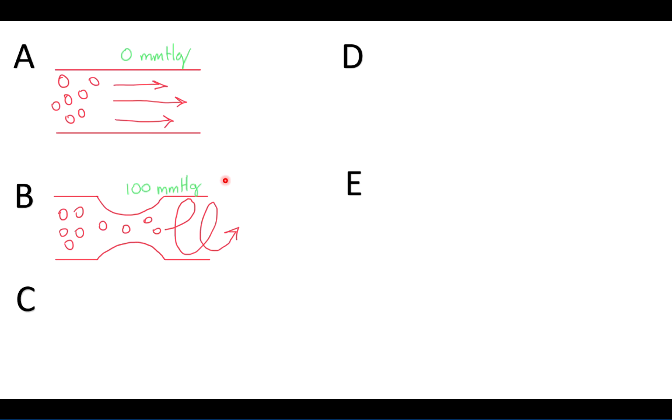As you begin to increase the cuff pressure, let's say we've increased the cuff pressure up to 100 millimeters of mercury. Now these red blood cells that are traveling through this artery are encountering some resistance or impedance of their laminar flow.